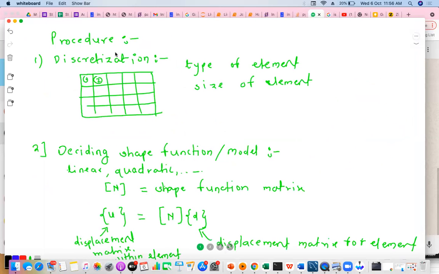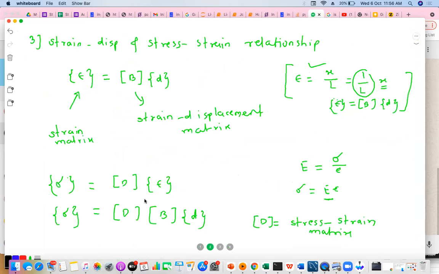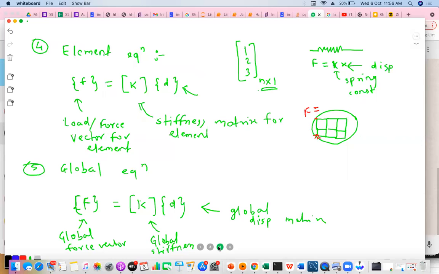So the first step is to discretize, that is, divide the geometry into a number of elements. Here we will decide the type of element and the size of element. Then next will be deciding the shape functions, and next will be writing the stress-strain and strain-displacement relationships. The fourth step will be writing the element equation.